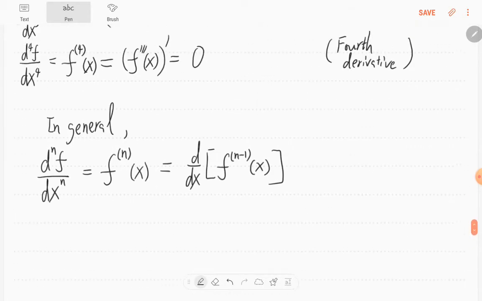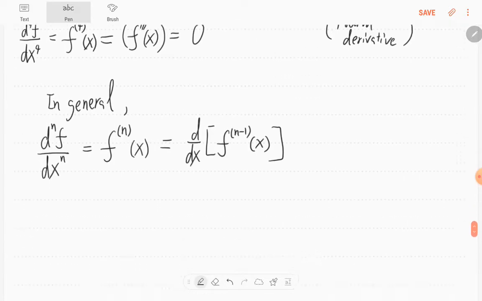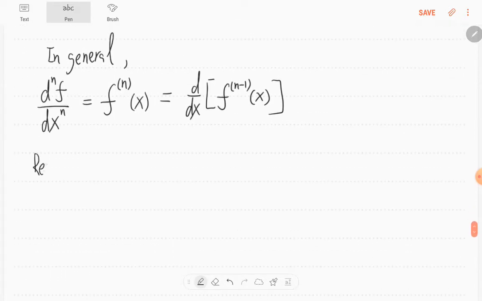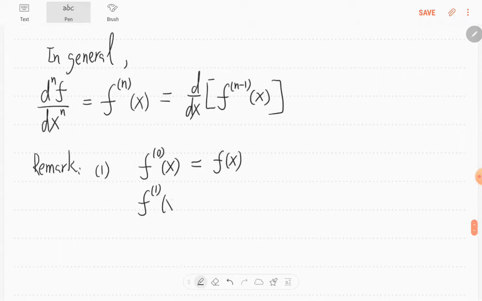Here are some remarks. The convention is that if we write it this way, it means there is no derivative, so it is equal to f of x. The first derivative can also be written this way, but in general we like to write it as f prime.